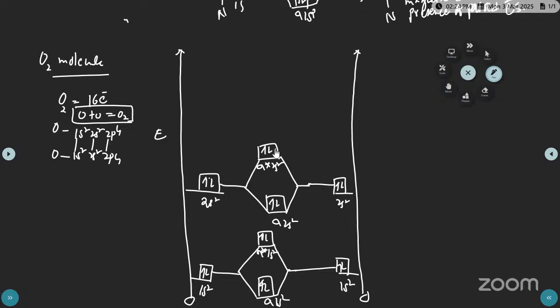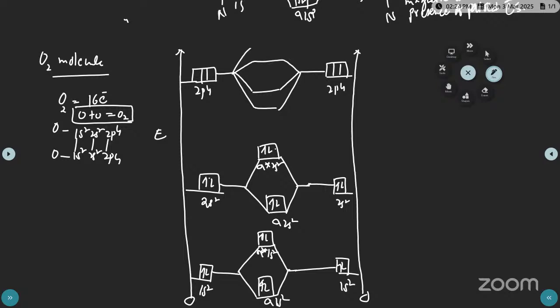Next, we go to the 2p orbitals. Three atomic orbitals are present on each atom, and these are combined together and form 3 bonding molecular orbitals and 3 anti-bonding molecular orbitals.